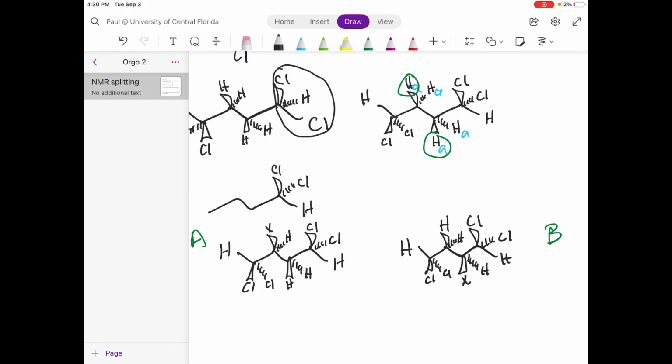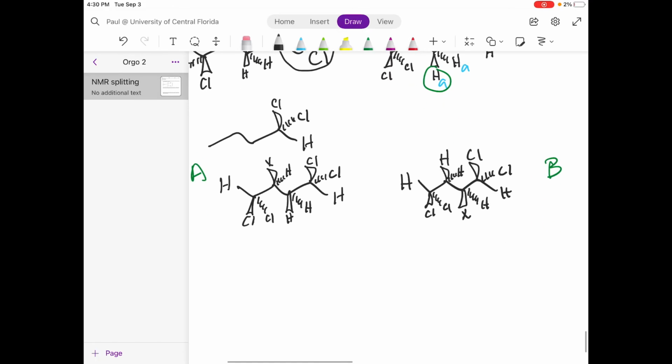Okay. So let's see here. How can we see that? Well, what if I take HB and flip it along its horizontal axis, and I'll draw it like this. CL.